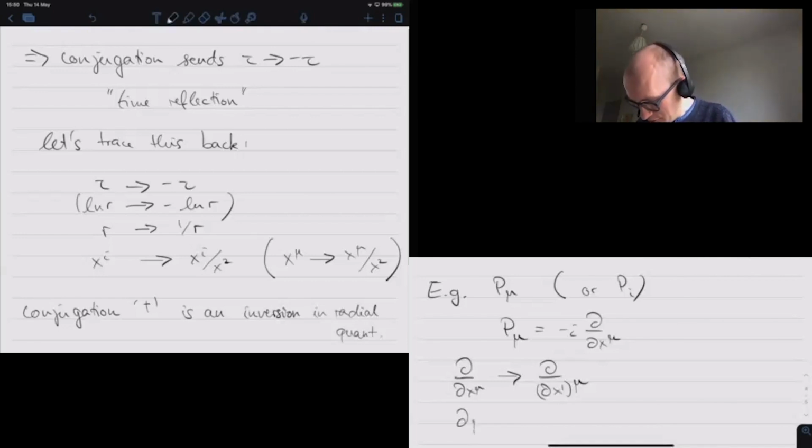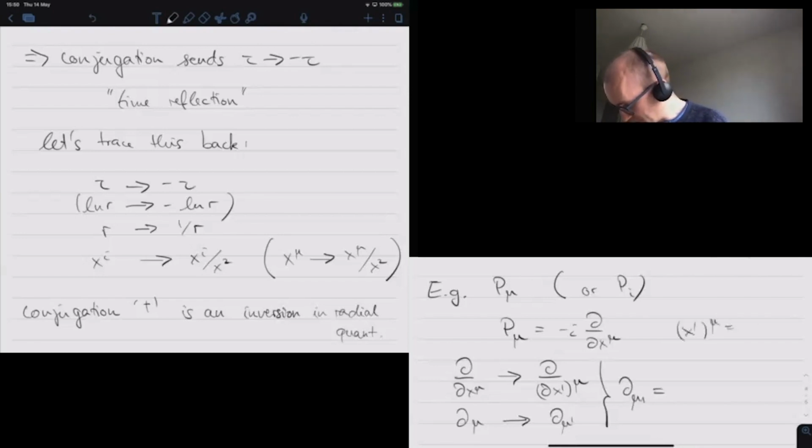So d mu goes to d mu prime. This is just the same notation I've said before. All right, so d mu primed is just, and let me say that x primed mu is of course equal to x mu over x squared.